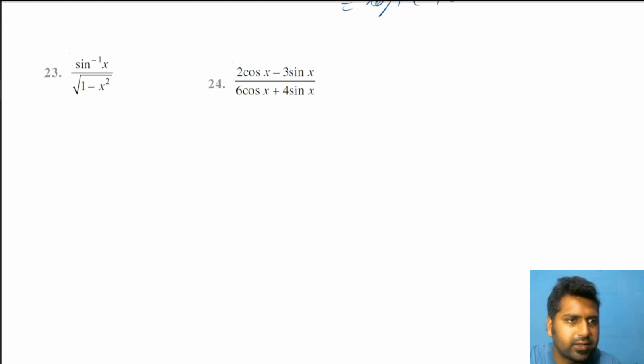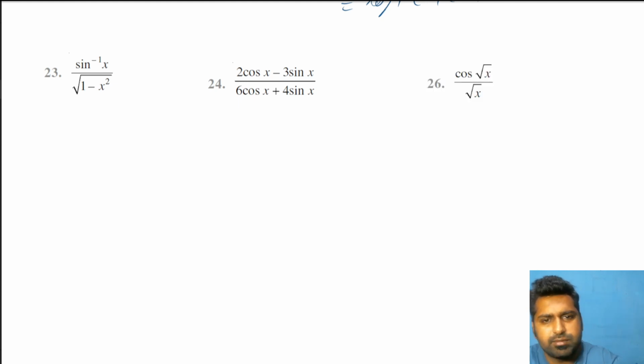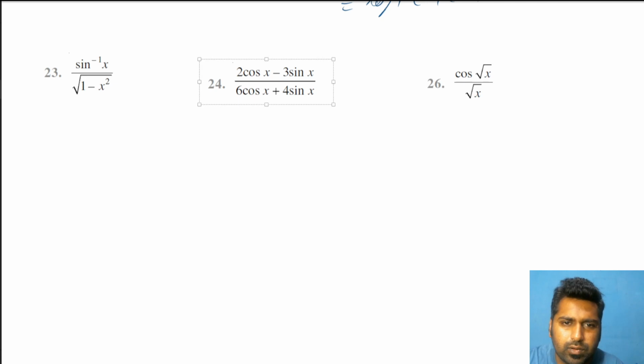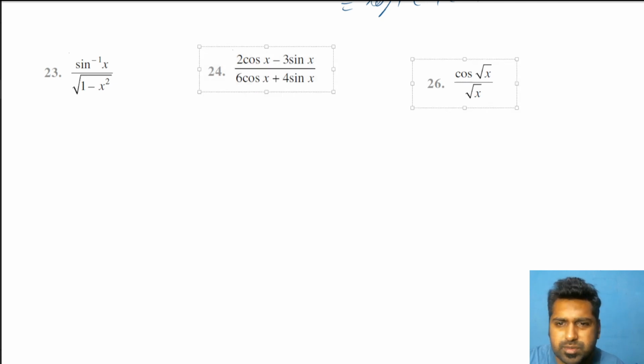You can keep trying. This one also. All questions have pretty much the same idea. Substitution, substitution, substitution.